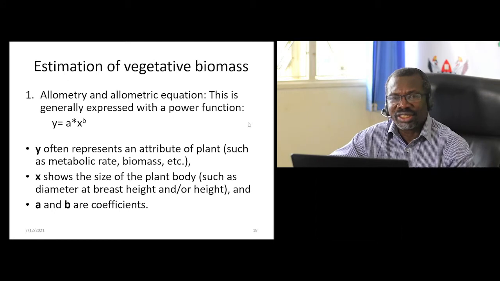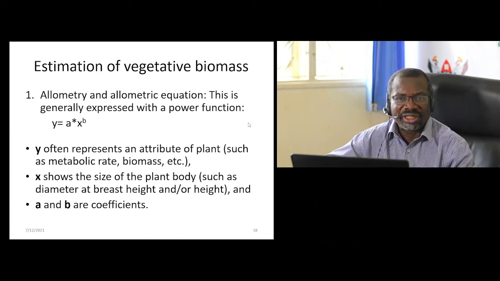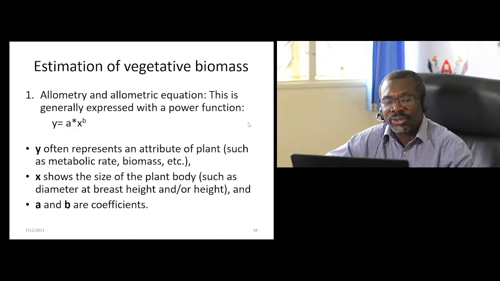On the other side, we have to look at vegetative biomass, the amount of biomass generated by a crop. There are different ways of making an estimation. The first approach is to use allometry, or allometric equations, to estimate how much biomass is standing and below the ground.